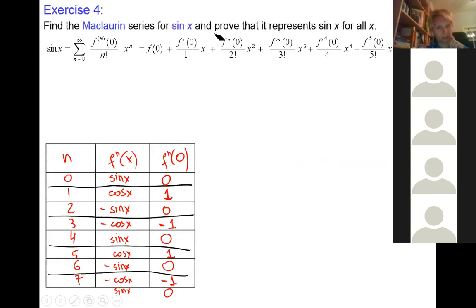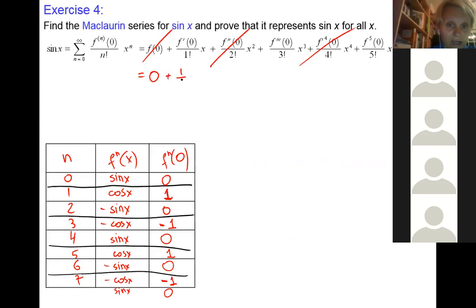It's not as simple to get the sigma notation, but we can at least put all of the values into the expanded form. That means f at 0 is 0, gone. The second derivative is gone, the fourth derivative, that means every even derivative is gone. The first derivative was 1, so I have 1 factorial x.